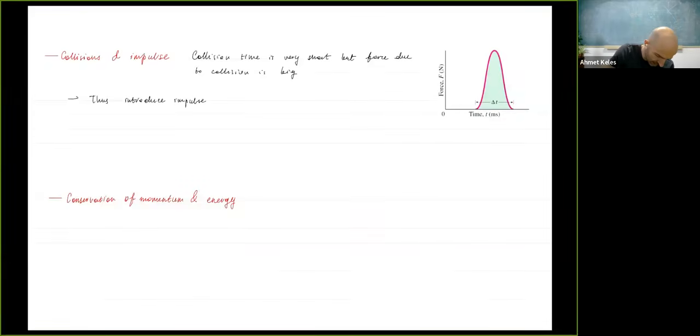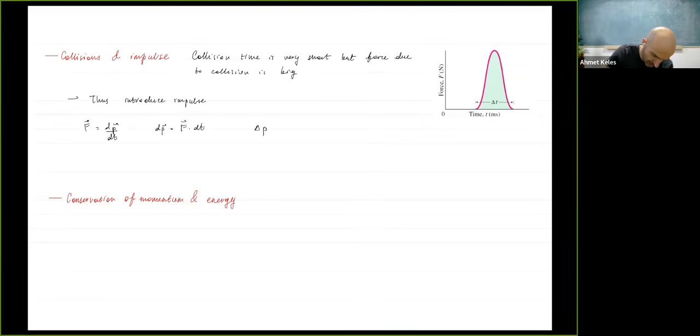And the way we do this is, force is equal to dp dt, then change in momentum, which is dp, should be equal to force times dt. And if we have a finite amount of time, we can integrate both sides.